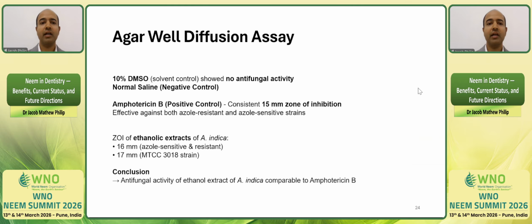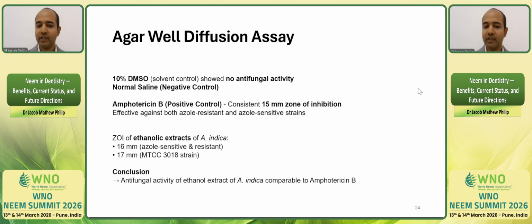In fact, the agar well diffusion assay found that the positive control was giving a 15 millimeter zone of inhibition, whereas the ethanolic extract of the neem leaf was able to give a higher zone of inhibition, 16 mm for the azole resistant and sensitive strains of the fungus, and 17 mm for the standard MTCC strain of the fungus.